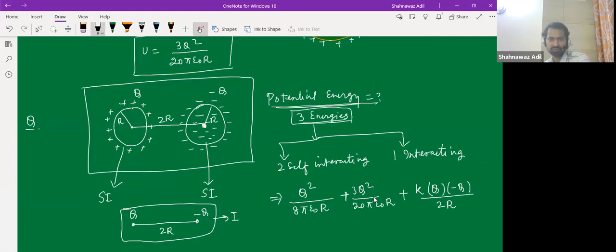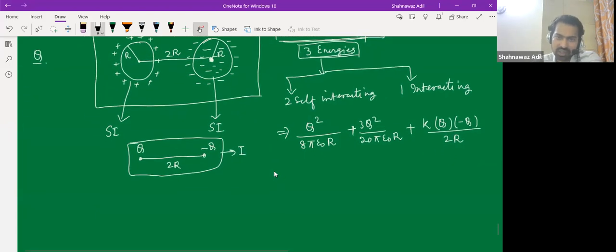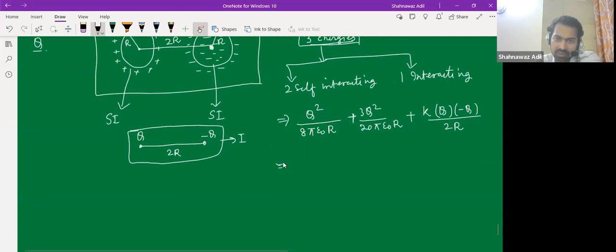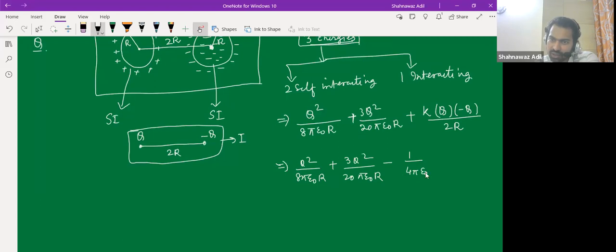Clear? Yes, sir. Okay, so now let us solve this further. So this is Q square by 8 pi epsilon naught R, this is 3Q square by 20 pi epsilon naught R, and this is 1 by 4 pi epsilon naught, minus, and then Q square by 2R.